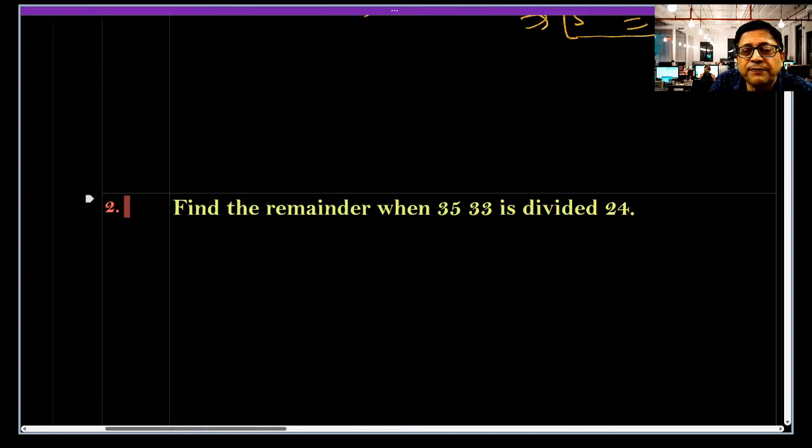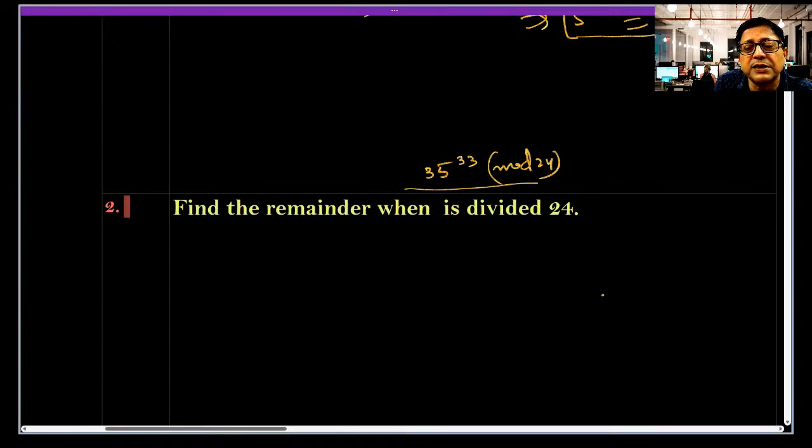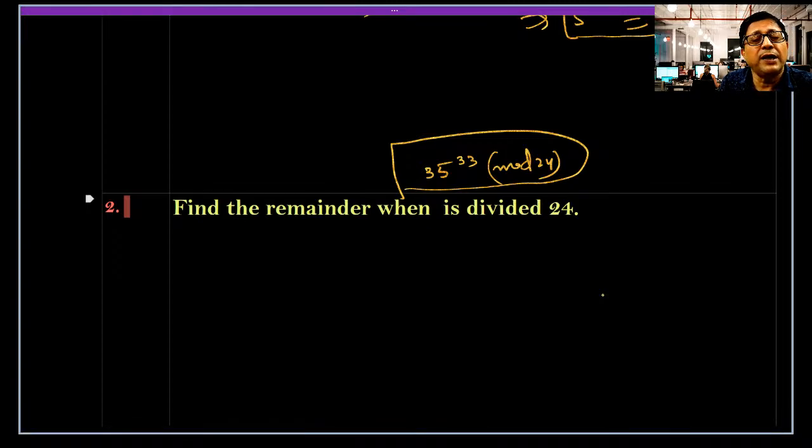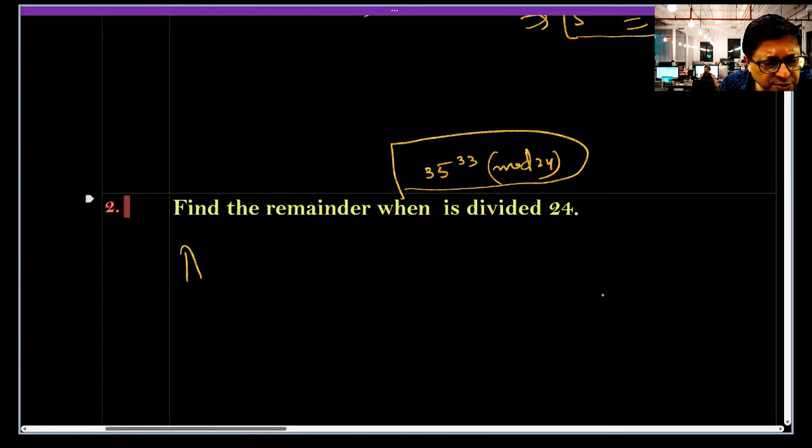Oh my God, this is 35 to the power 33 divided by 24. I am writing here, 35 to the power 33 mod 24. You have to find this. This is the question. If we have planned to use Euler's theorem, then we'll go for finding phi 24 first.